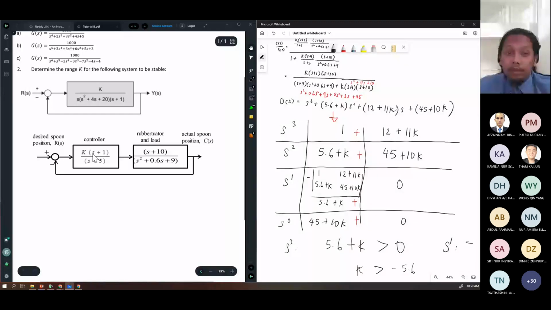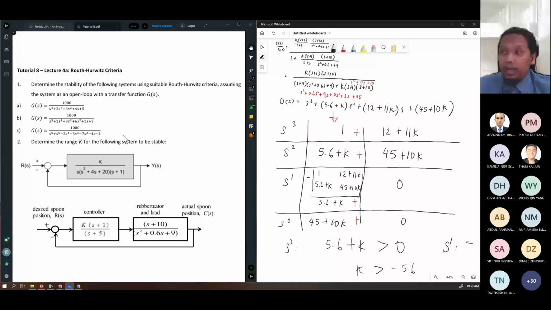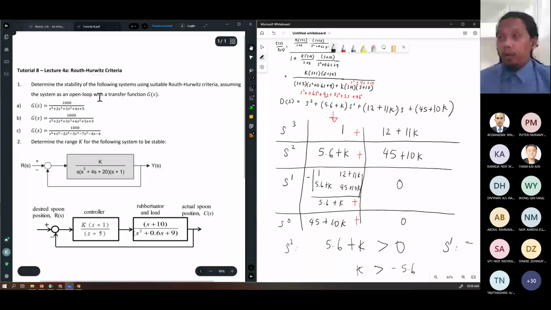And if you are not given any block diagram, for example, if you have an open loop system, you just use the transfer function given to you. Sometimes, maybe on Wednesday, we will look at some systems. Sometimes they just put here closed loop system, but not giving you the block diagram. So you need to simplify it first, even though there is no block diagram given. Later on Wednesday, we will see that kind of example.